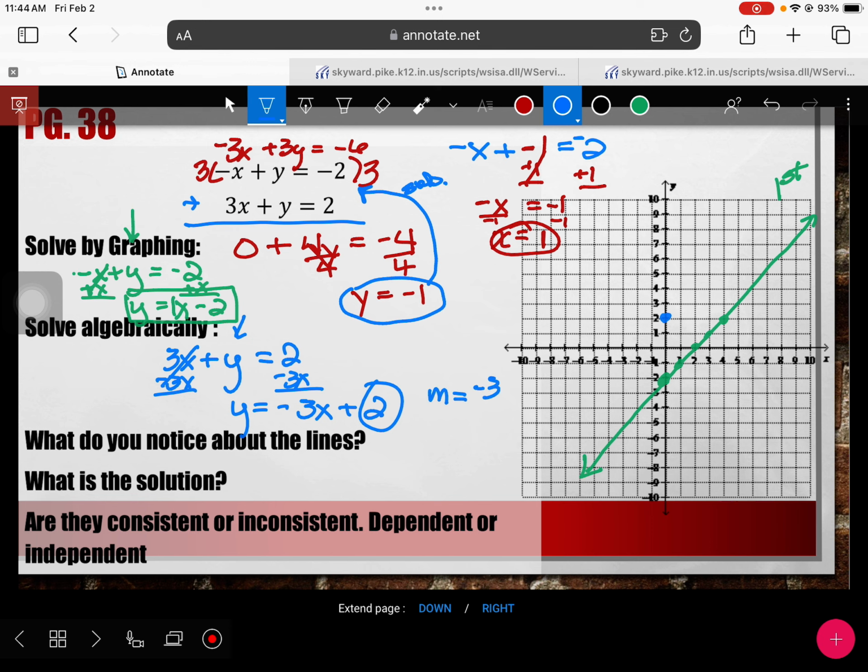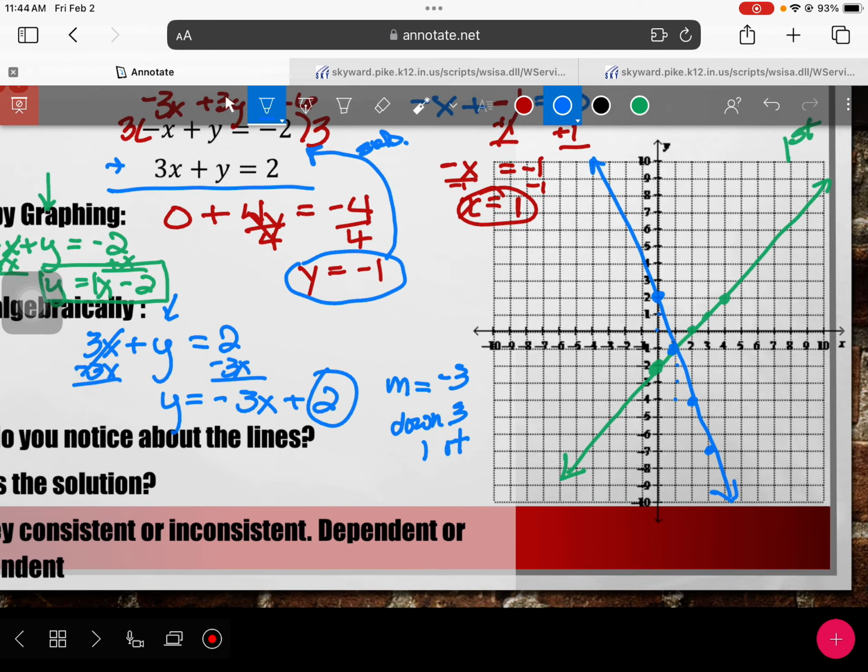It is -3, so that means I am going down 3 and 1 to the right. So down 3, 1 to the right, down 3, 1 to the right, down 3, 1 to the right. Okay, again, you only really need 2 points for a line.